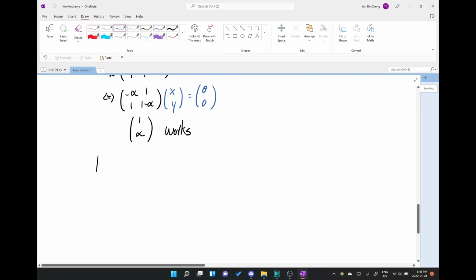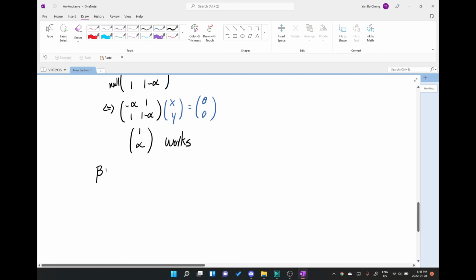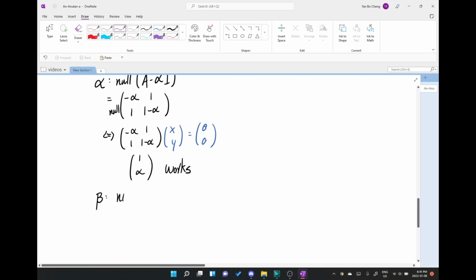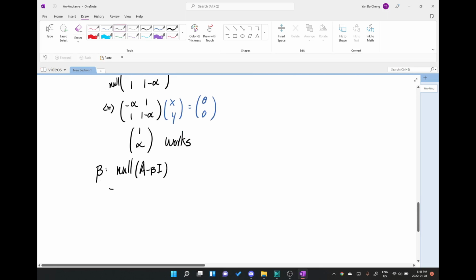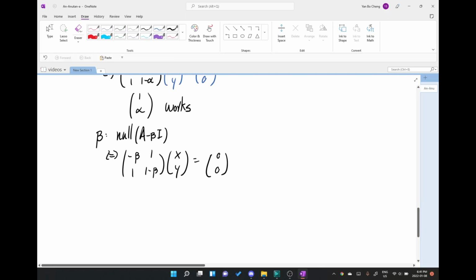Similarly, for beta, it's the same thing: the null space of A minus beta I, which is equivalent to the matrix minus beta, 1, 1, and 1 minus beta times x, y equal to 0, 0. And same thing, 1 beta works.